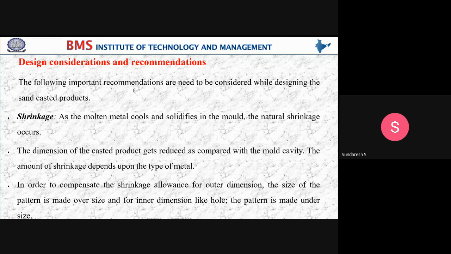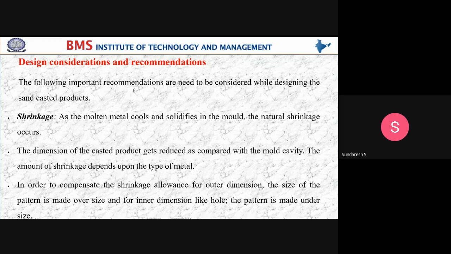When the molten metal has been poured into the mold cavity and starts solidifying, it shrinks. Its dimensions or size are reduced with respect to the mold cavity. The amount of shrinkage depends upon the type of material used.